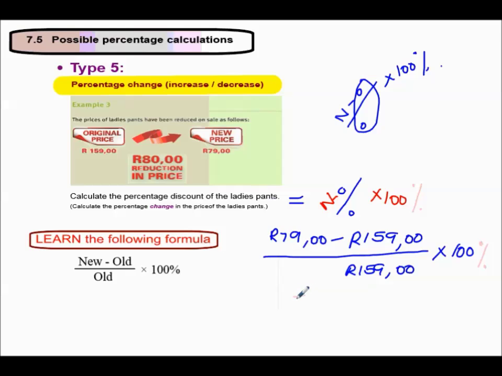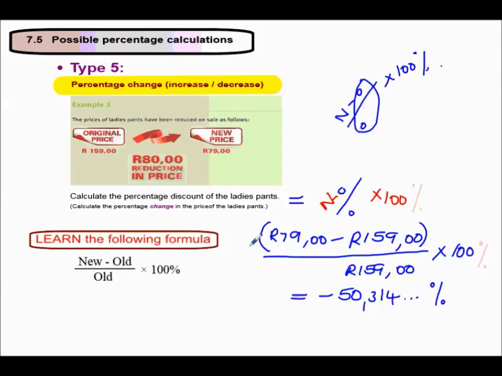So that is going to be negative 50,314 and so on percentage.